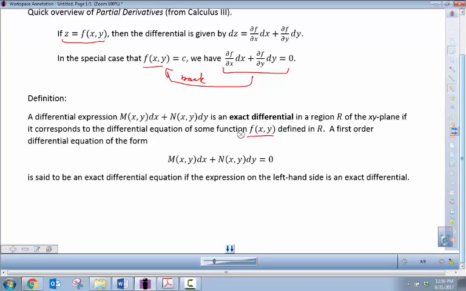But really, that's where we're going to. So we need another criteria to try to figure out if a differential equation is exact. And that criteria is given in a theorem.